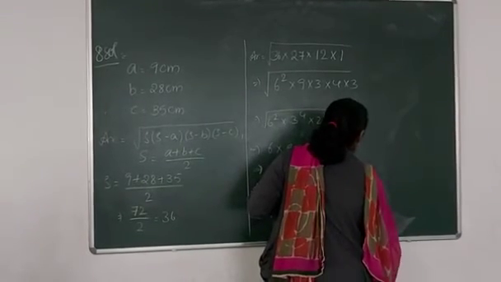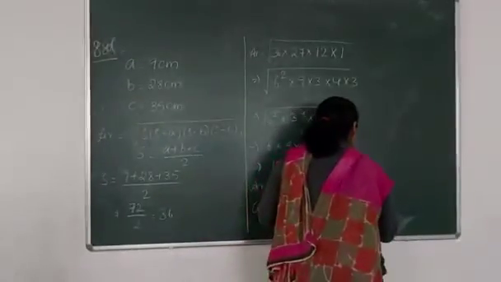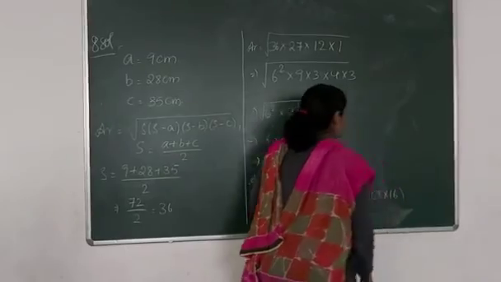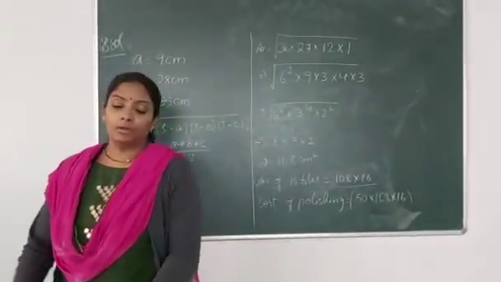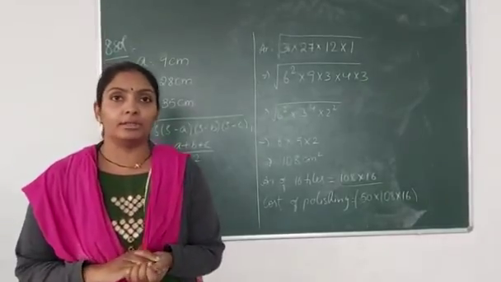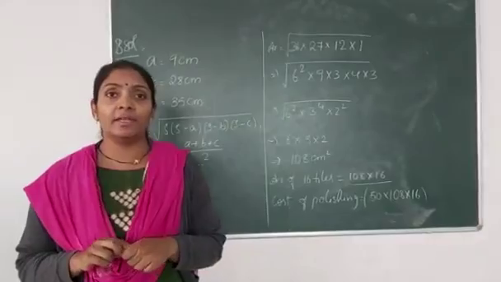So 50 into the area of 16 tiles, so 108 into 16, will be the total cost of the polishing of these 16 tiles altogether. Okay, you will write this problem with the statements and then solve it, right?